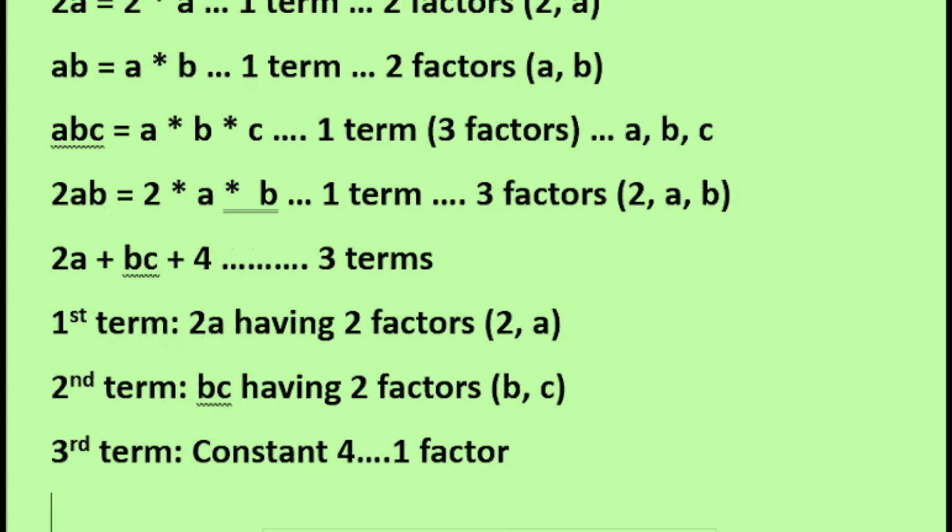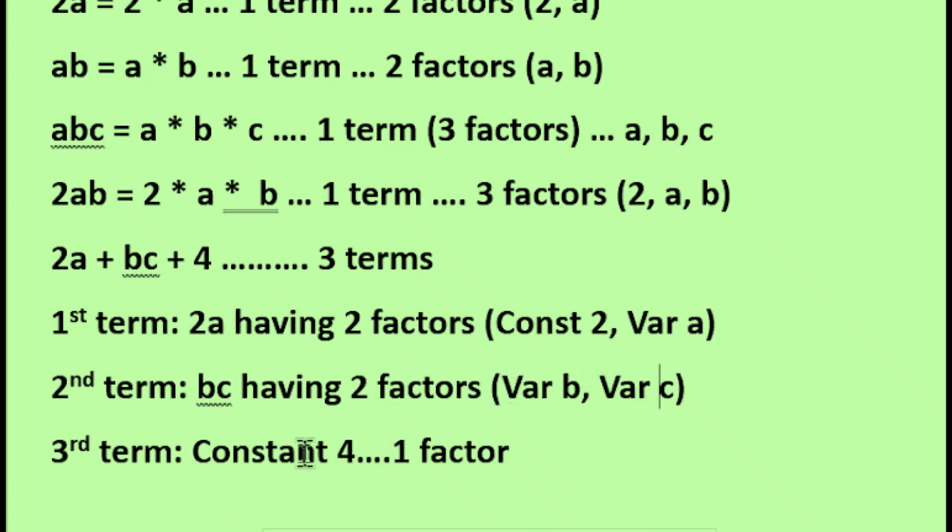So, 3 terms. The first one consists of a constant and a variable: 2 is a constant and a is a variable. In bc, b into c, both are variables.